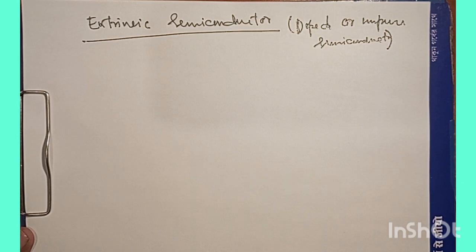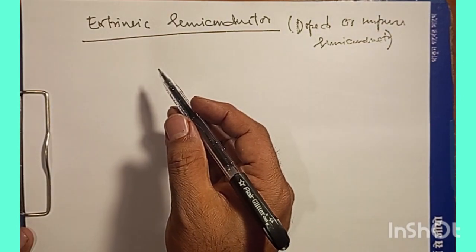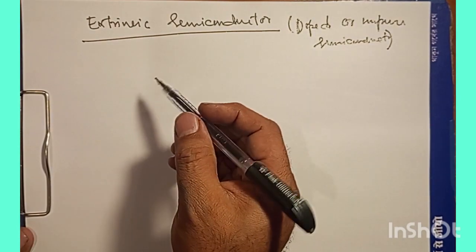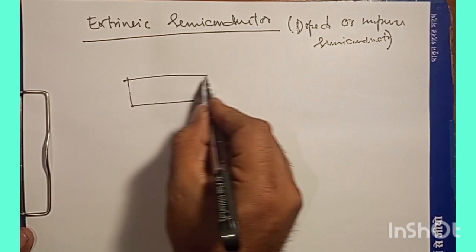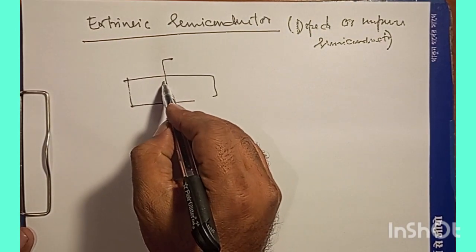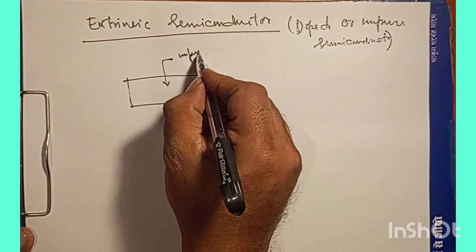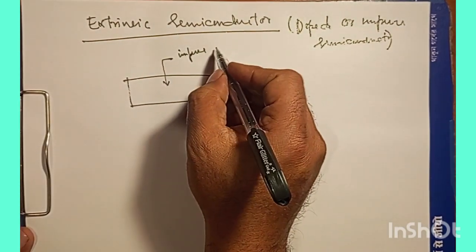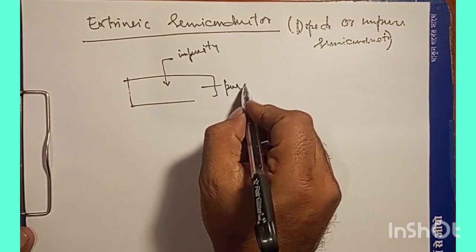To define the extrinsic semiconductor, it's a semiconductor obtained after adding some suitable impurity atoms in the intrinsic semiconductor. So we have the intrinsic semiconductor, and we add the suitable impurity. Now this is a pure semiconductor.